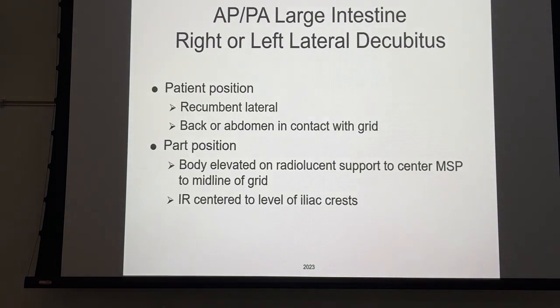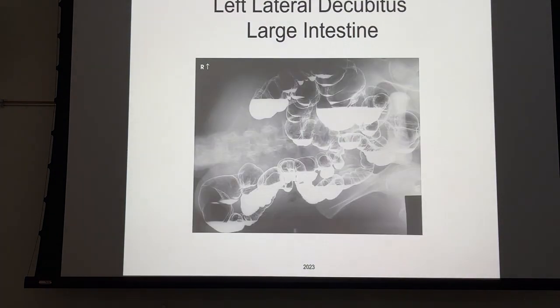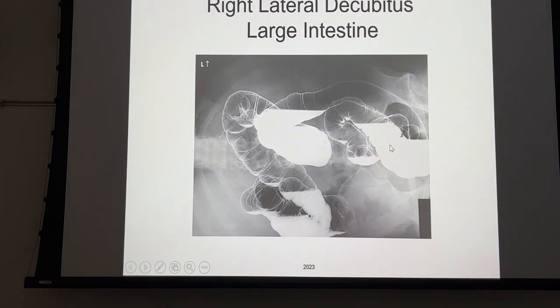All right, so let's get to pathologies. Oh, decubitus. So there's decubitus. When you're looking at your images in lab, remember that your splenic flexure is going to be higher than your hepatic flexure. So this will be right lateral, right? We can tell it's right lateral because the contrast is always going to go to the lowest level.